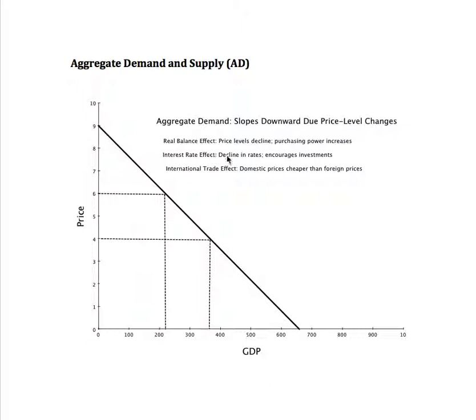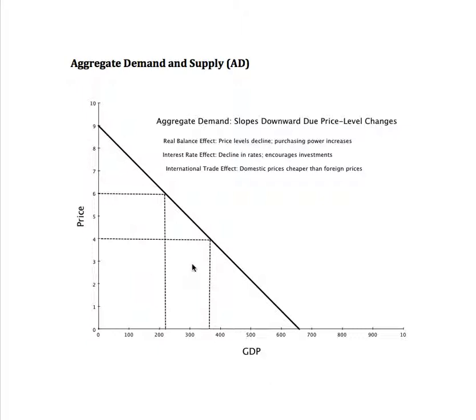Interest rate effect: decline in rates, GDP should go up. And then finally, international trade: if our prices are lower than foreign prices, foreigners will come in and expand their purchases of our goods and services.